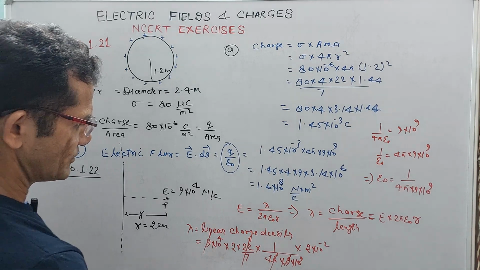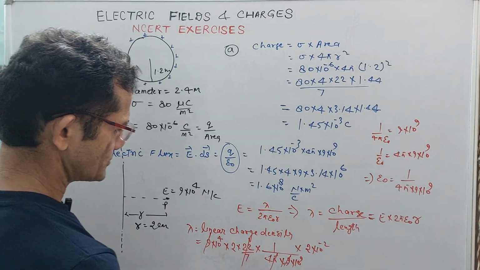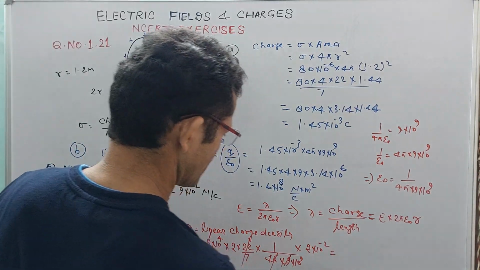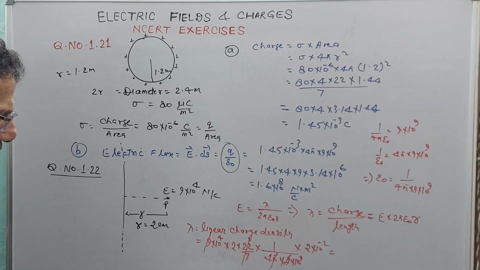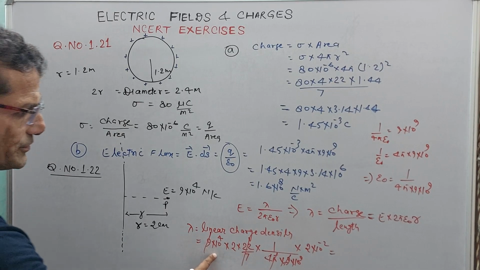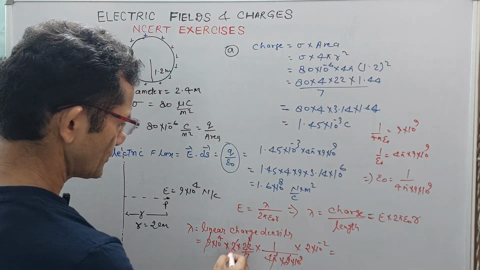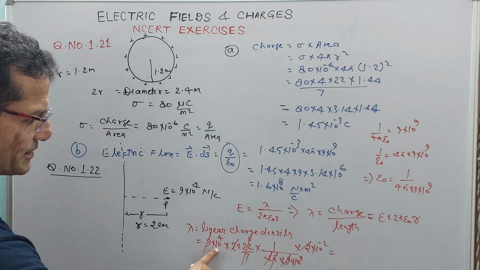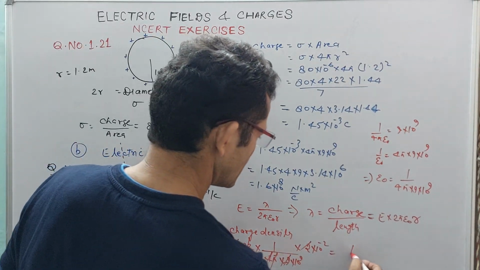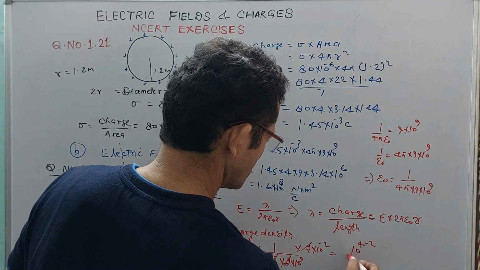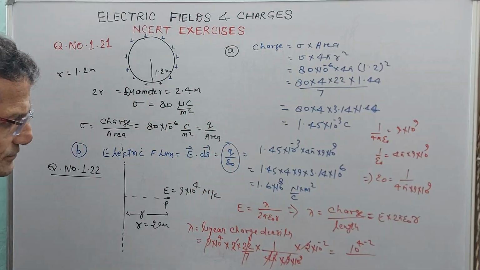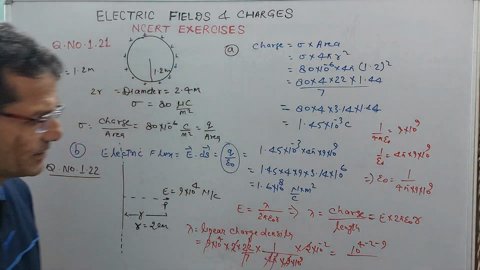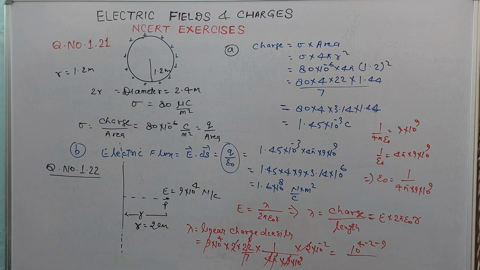Then 2 and 2 cancel out, and 4 is also cancelled. Finally we have 10 to the power 4 and 10 to the power minus 2 divided by 10 to the power 9. This 10 to the power 9 goes also in the numerator, so the exponent is 4 minus 2 minus 9.